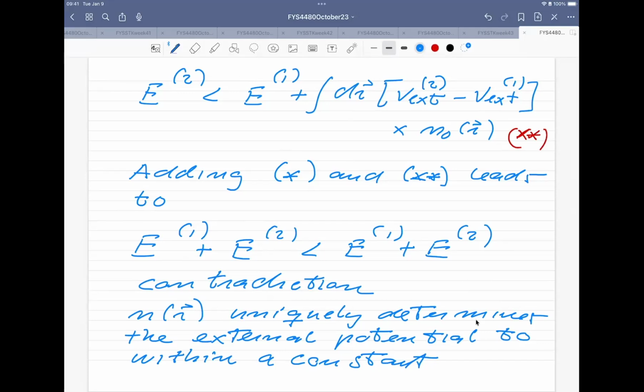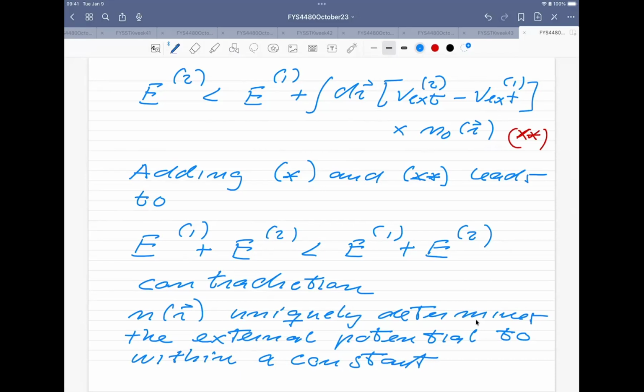Note that what we have done now does not give a prescription for finding this density. We are simply stating that given such a density, that uniquely determines the external potential. Because if we suppose the opposite, then we end up with a contradiction. So you're showing the theorem by demonstrating the contradiction.